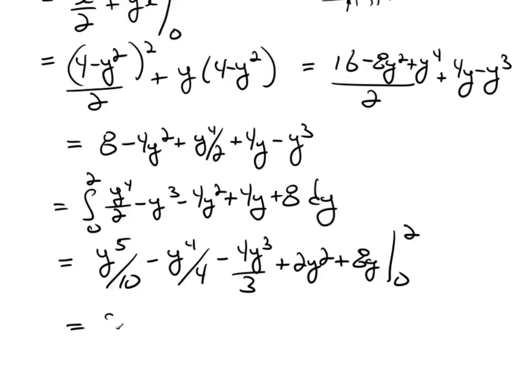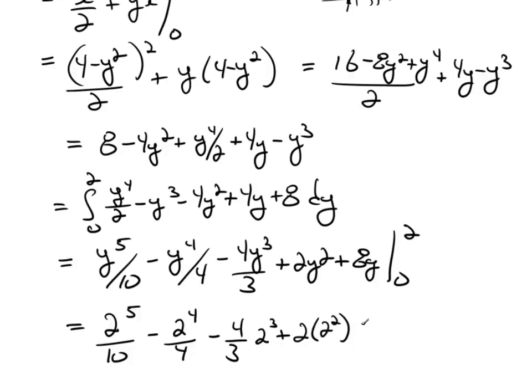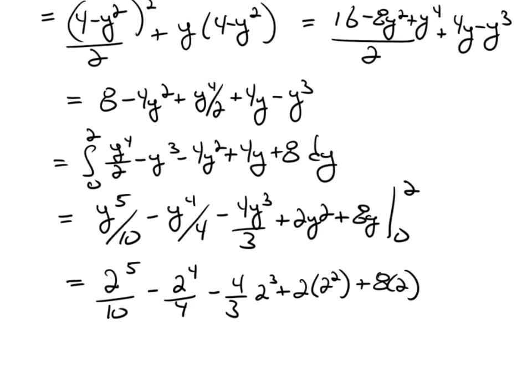So this is going to be 2 to the 5th over 10 minus 2 to the 4th over 4 minus 4 over 3 times 2 cubed plus 2 times 2 squared plus 8 times 2.